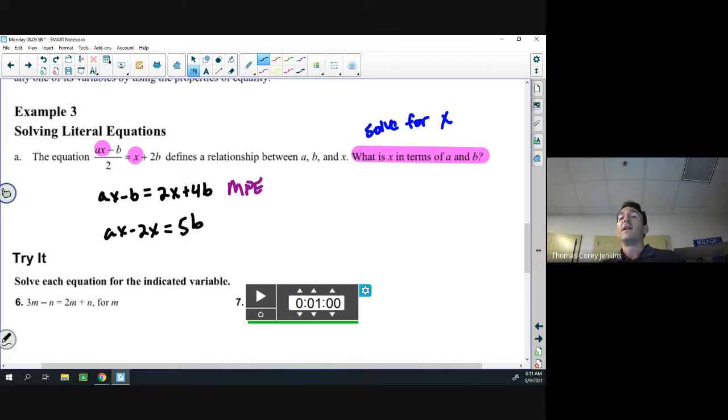All right, now, does anybody know how to deal with getting the x by itself from here? Anybody remember how to do this one? So what we do here is we use the distributive property. Basically we factor out an x from the left side. So this last one was addition property, and really subtraction property.